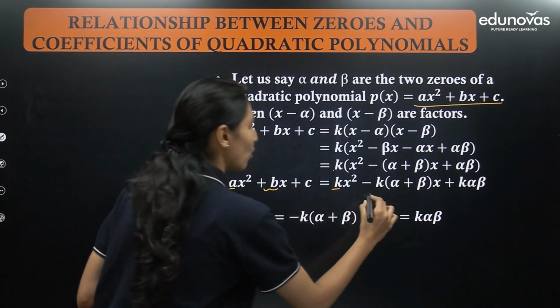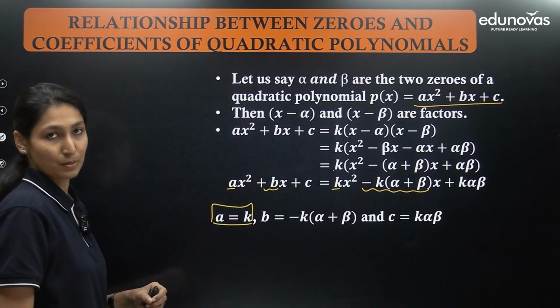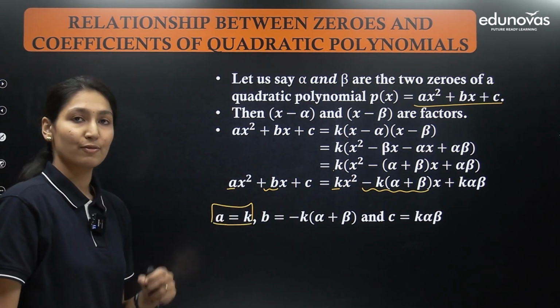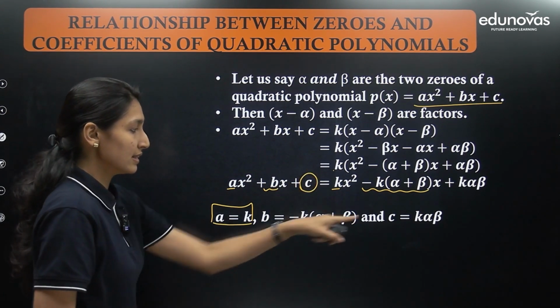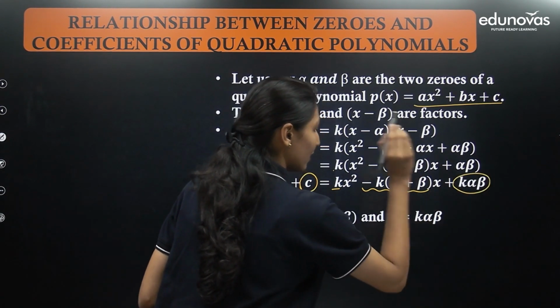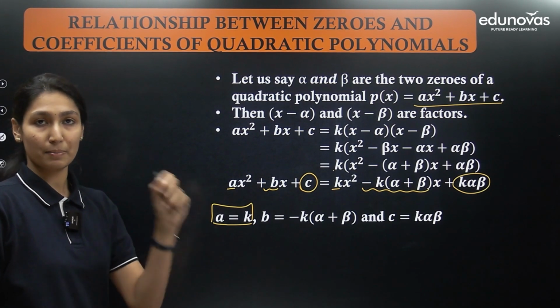And what about on RHS? It is minus k into alpha plus beta. Therefore, b is equal to minus k into alpha plus beta. What is the constant term on LHS? It is c. And what about RHS? It is k alpha beta. Therefore, c is equal to k alpha beta.